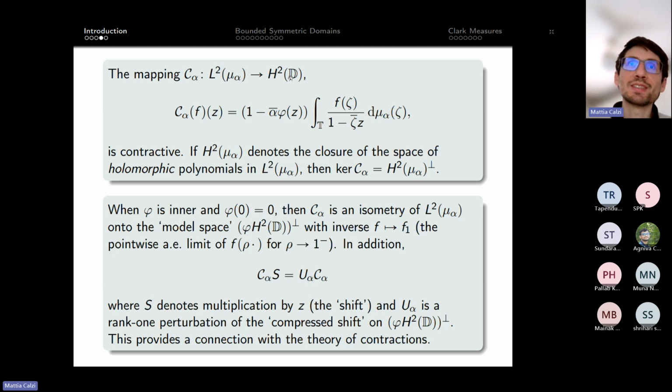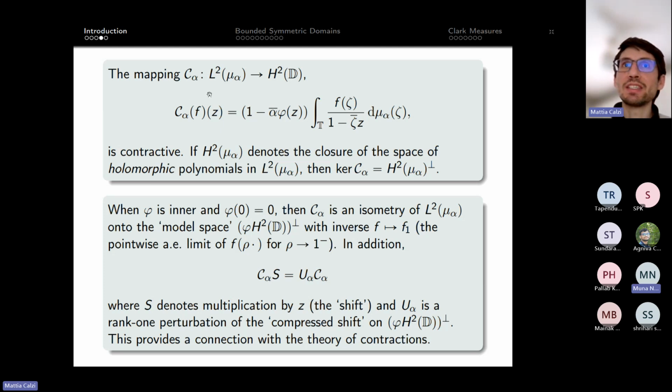The fact is that one, in fact, would like to consider some other spaces related to the Hardy space here, which depend on phi, and this becomes a partial isometry onto those spaces, which contractively embed in H2.